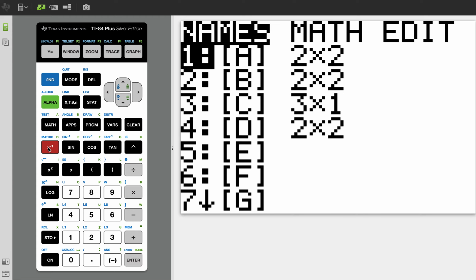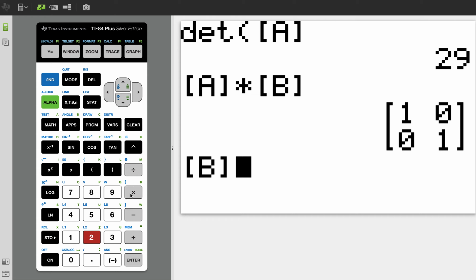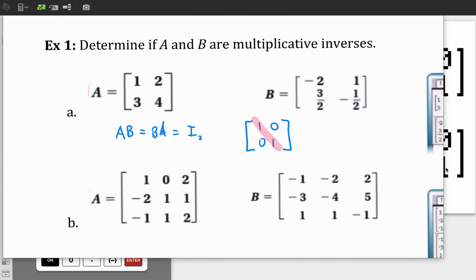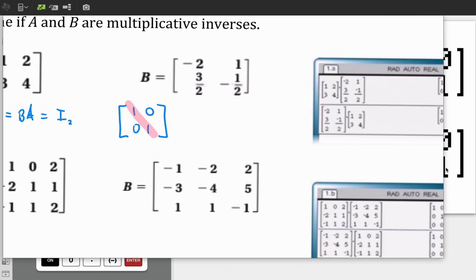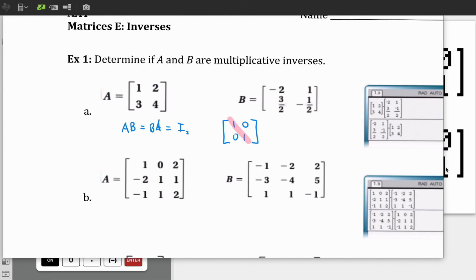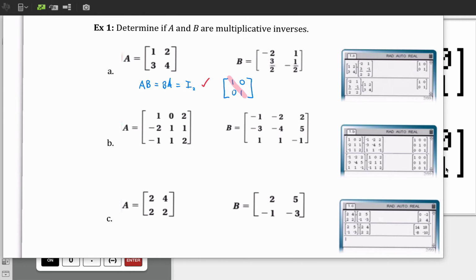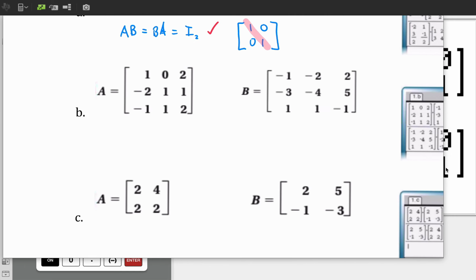So I'm going to do B times A. And look, I get the same identity twice, so the answer here is that indeed these are inverses, because it works here.